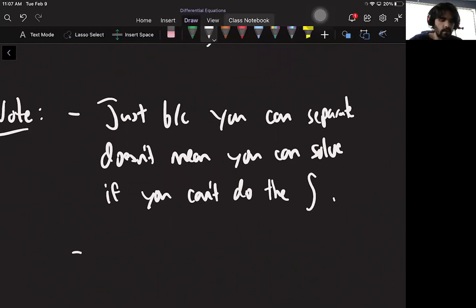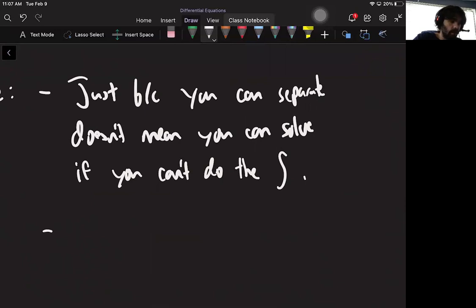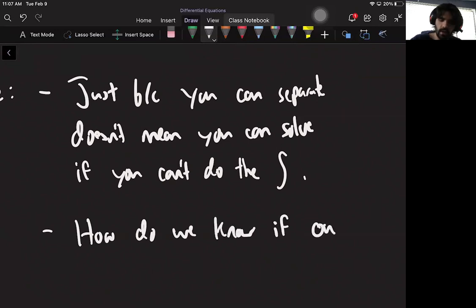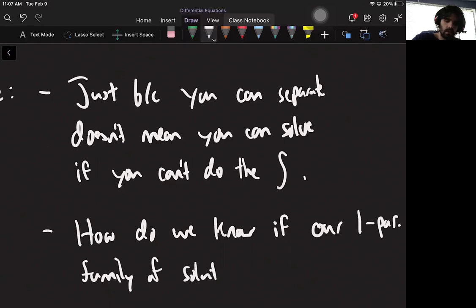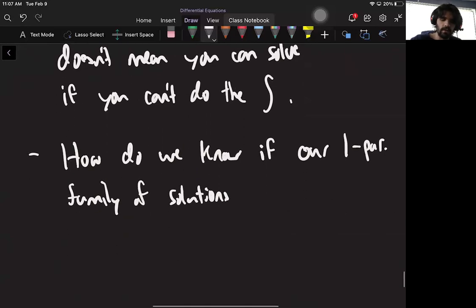And then a sort of deeper question that we'll think about later is: we always get this one parameter family of solutions, so how do we know if what we got is actually the only solution or contains all the solutions?